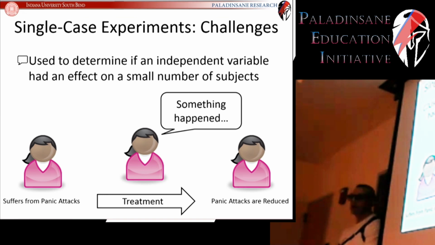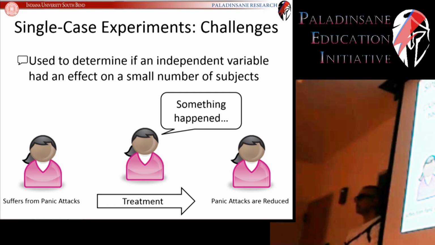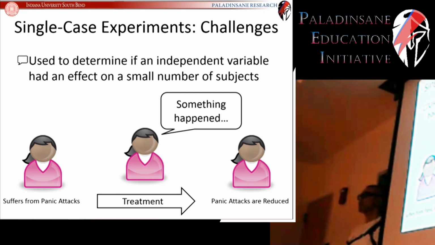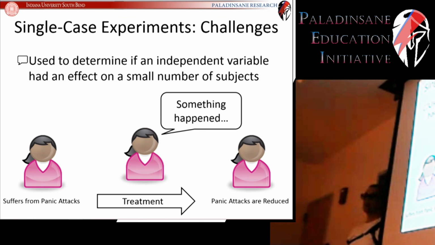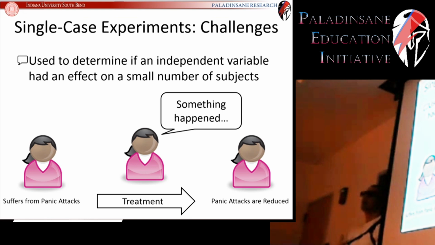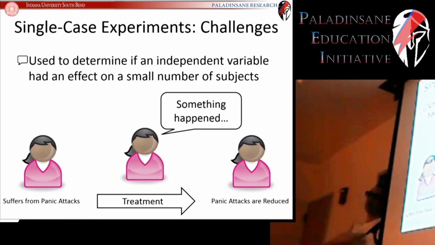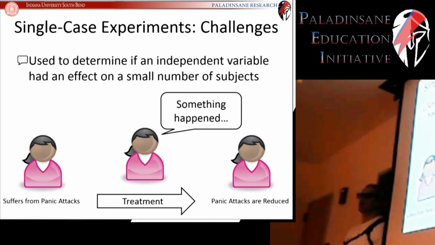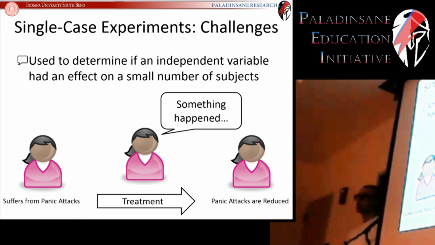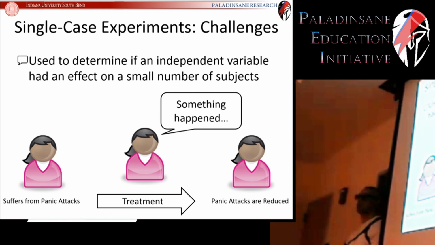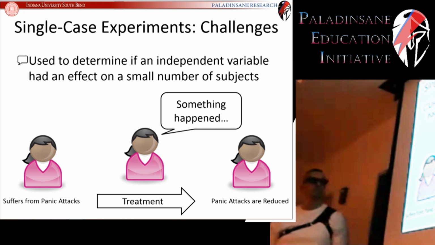Because again, whereas you can tell your patient continue on with the treatment, you cannot control other things that happen in your patient's life. So if it's one of those other things that is causing the change in behavior, you need to be able to identify that it's not your treatment, that it is something else, and then you delve into their lives and you try to figure out what is it that is causing this desire for decrease, in this case, in the panic attacks.